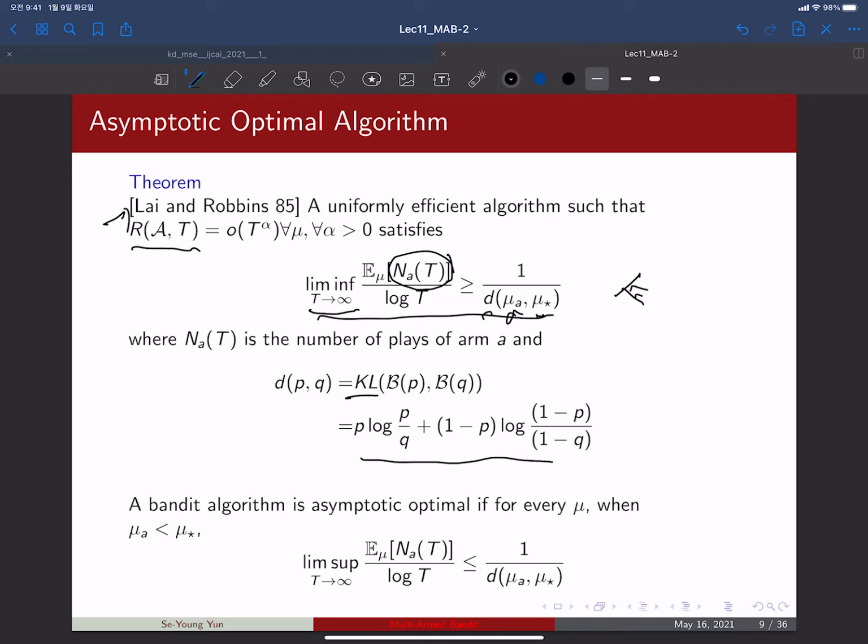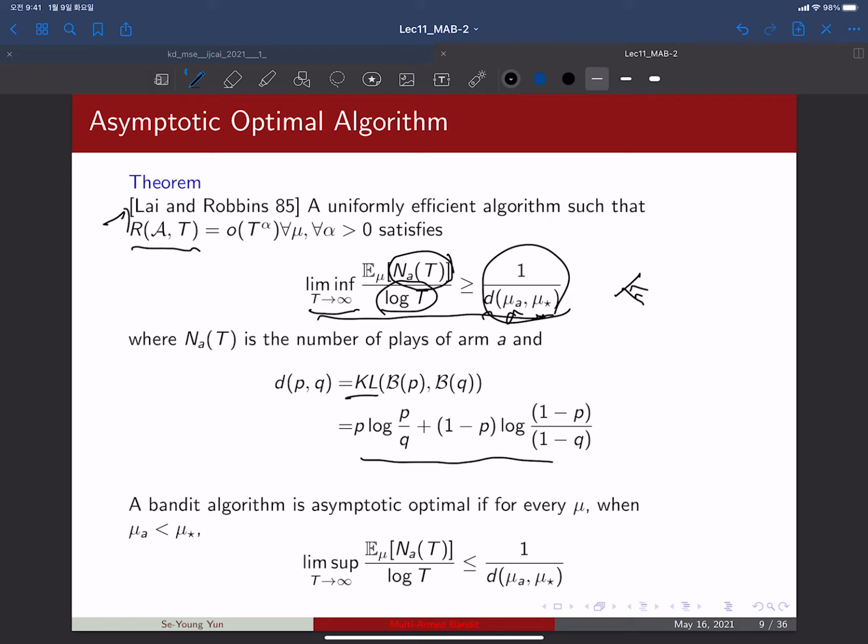We have to play many times to learn the hidden parameter mu A very accurately. That's why 1 over KL divergence is here, constant here, okay, and log T is very important.